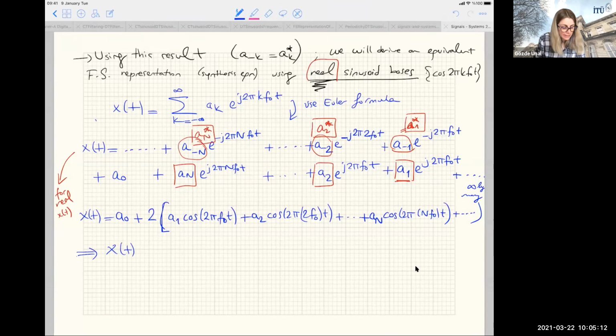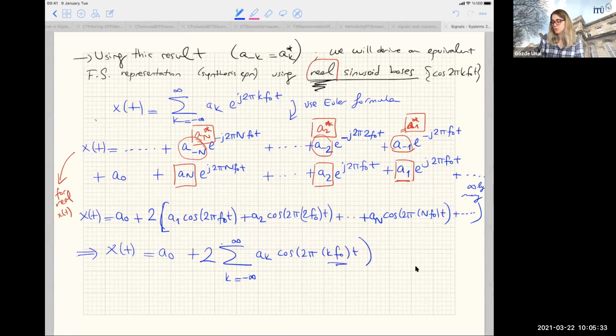So now I can really write x of t. Again, let's leave a0 aside, okay? Let's leave the 2 here and write this as an infinite sum of a_k cosine 2 pi k f0 t. Here, this is important. a0 doesn't go in because it doesn't have the 2.